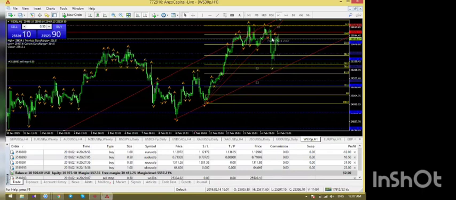But my question is that, can I buy again here? Because it has reached 50. See, in 50 there's an ascending signal, so you could buy.